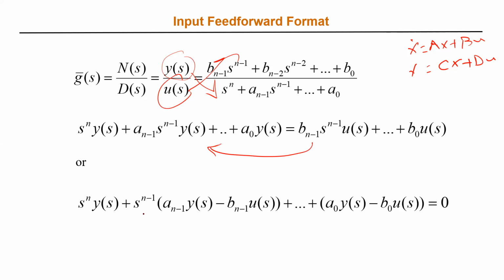And what is associated with S^(n-1)? A_(n-1) multiplied by y and B_(n-1) multiplied by u. So I'm just collecting terms associated with the various orders of the polynomial. Any question here?